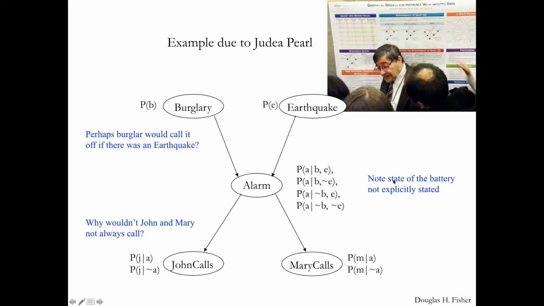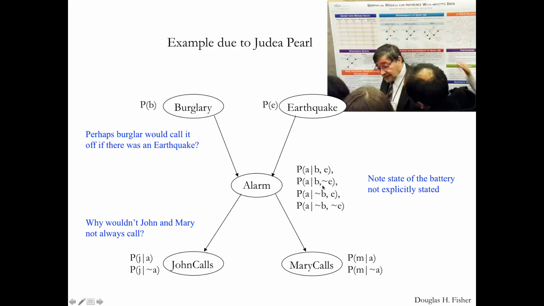And so the assumption is that the state of the battery and these other features that are relevant to whether the alarm goes off, while they're not explicitly represented, are still reflected somehow in that probability. The probability the alarm will go off given a burglary is close to 1 but not 1, because it's possible the alarm is faulty for some reason, or it's possible the power is down, a number of other things.